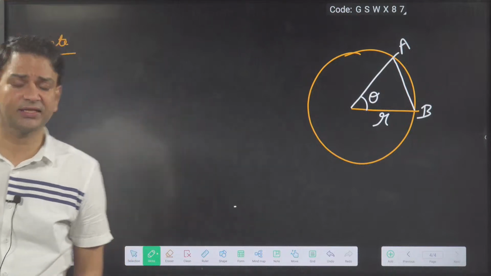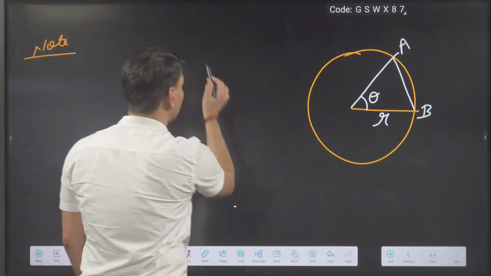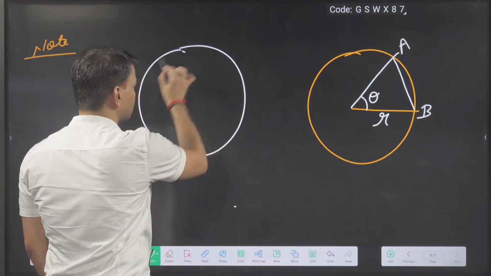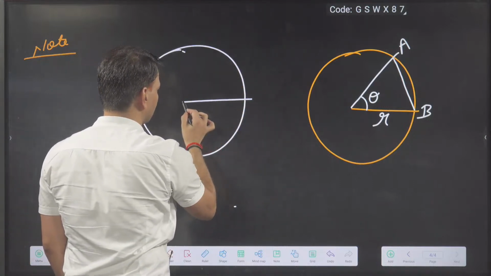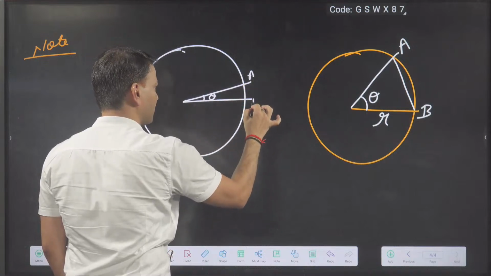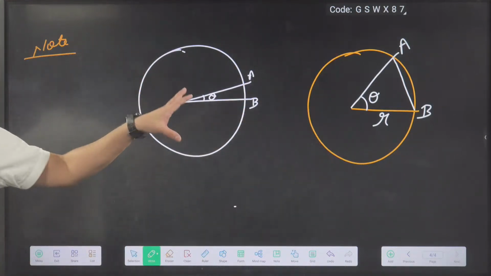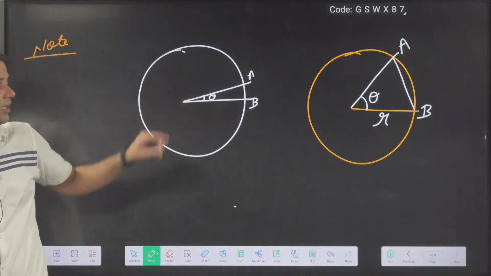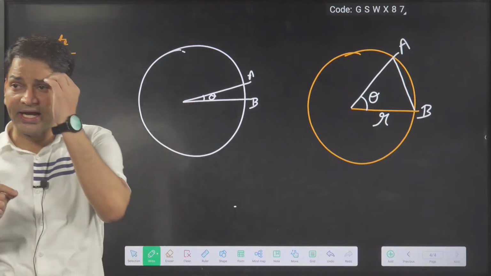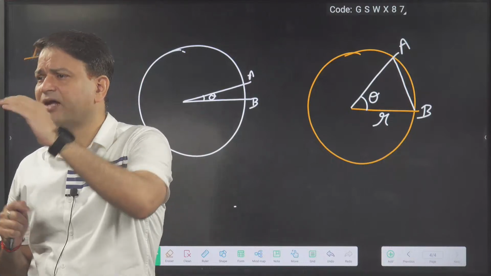But when I take the angle small, in this small angle, you can see AB is the arc length, and the arc length and the straight length are very close.